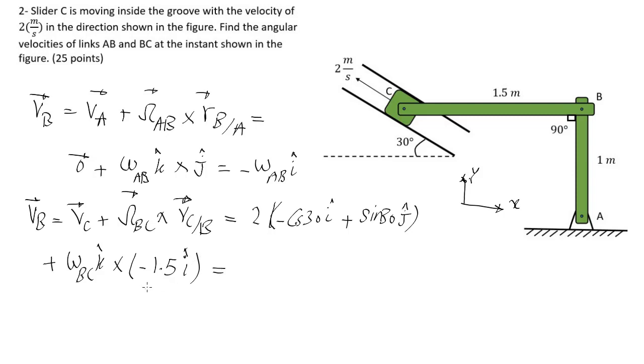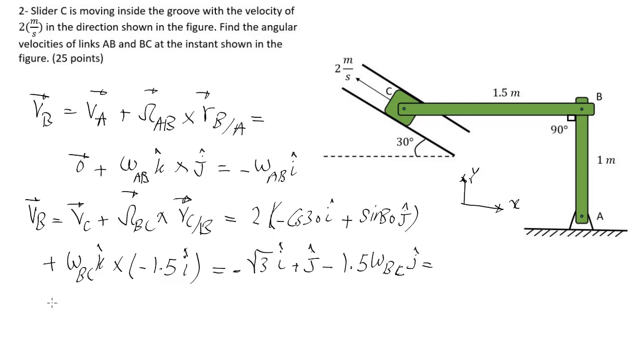Cosine 30 is the square root of 3 over 2, times 2. Here we have a minus sign, so minus the square root of 3 in the I direction. 2 times sine 30, that's 1, so plus J. And here K cross I is J, so we have minus 1.5 omega BC in the J direction.